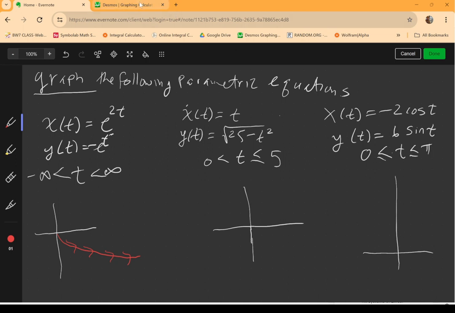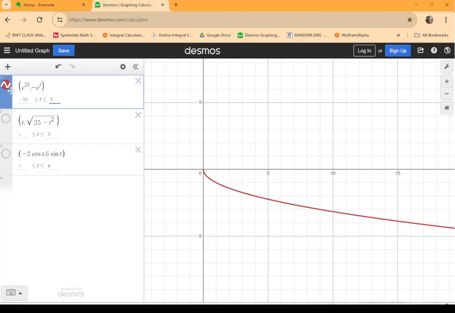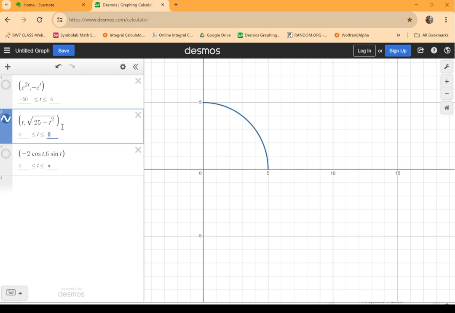All right, so now let's take a look at the next one. Here we have t and the square root of 25 minus t squared. We see that's about a quarter of a circle. Again, this doesn't tell me the orientation, so let me change t from 1.